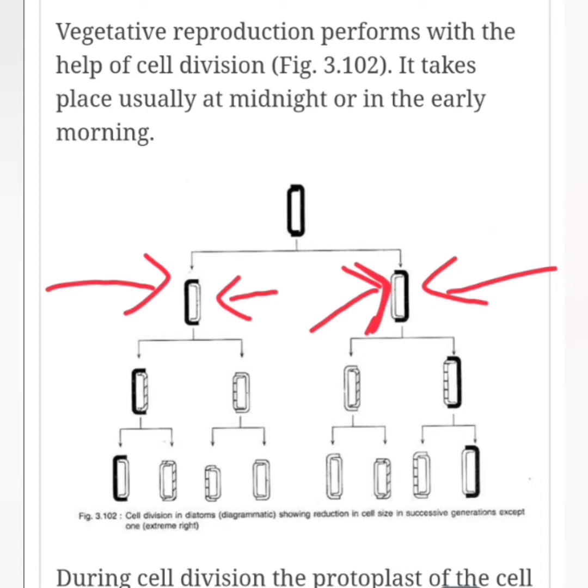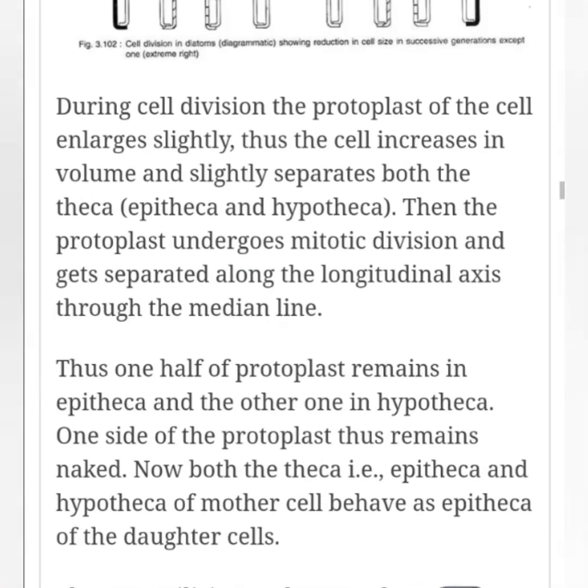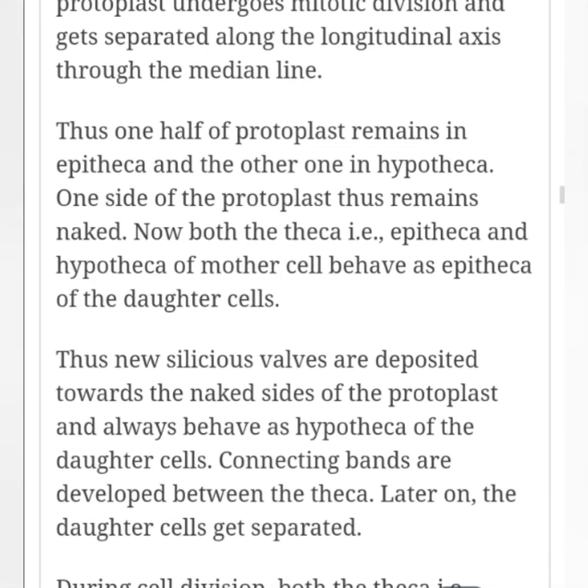So this will again undergo cell division, giving rise to again two daughter cells, you can see. Now what happened here, I will show you. New siliceous valves are deposited, you can see. They are deposited towards the naked side of the protoplast, because this epitheca at first becomes naked as they get separated like this.